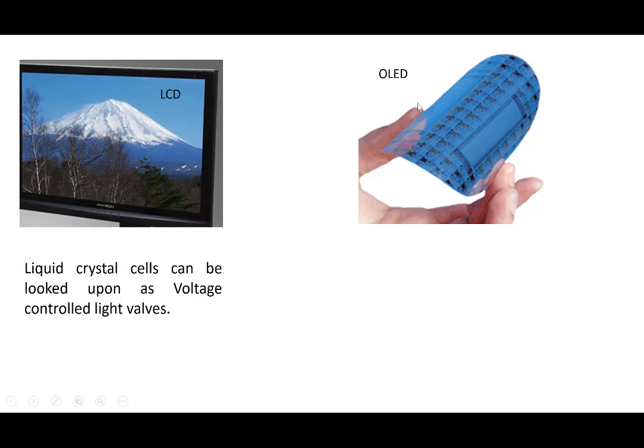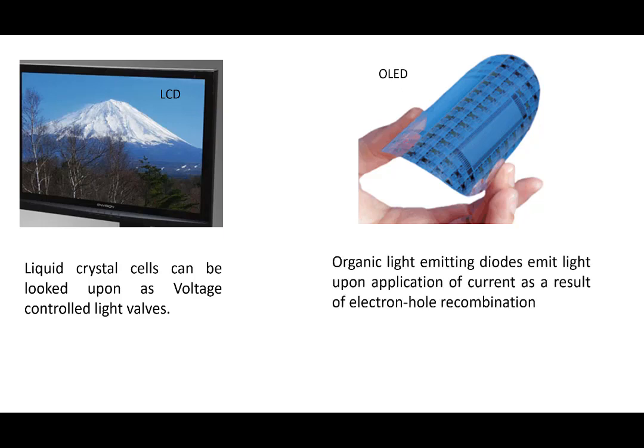Our interest is not so much on the details of how an organic light emitting diode is made and its properties and all that. For us, we need to keep in mind that OLED, as we use a short form for it, is also a light emitting diode, and if you pass a current through it, which means you apply a voltage and a current passes through it, then, as some of you have read before in your school days, there are electrons and holes, and these electrons and holes recombine and the excess energy is emitted in the form of light.